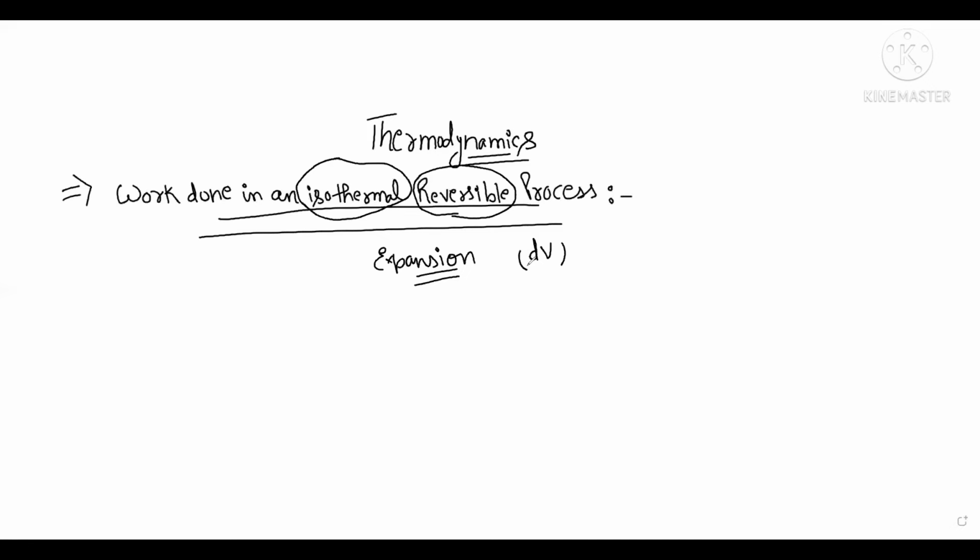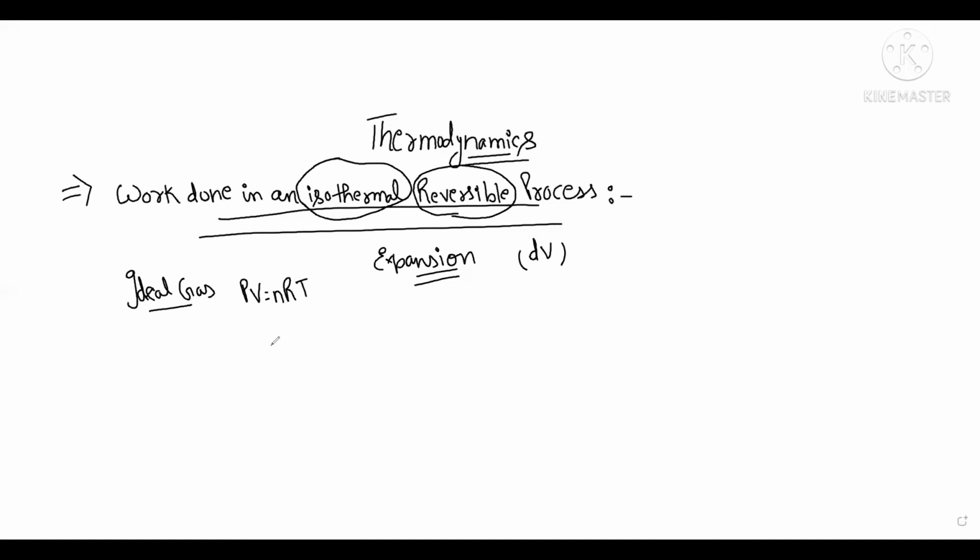Let the change in volume be dV. And obviously the gas we have supposed is an ideal gas, which follows the basic equation PV equals nRT.